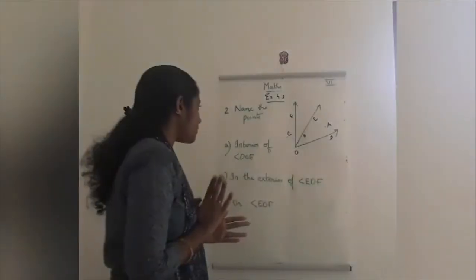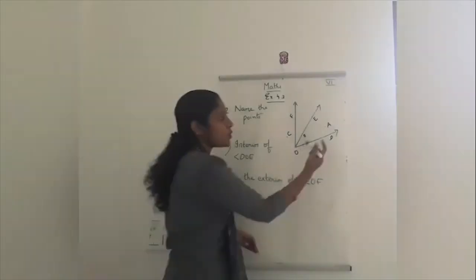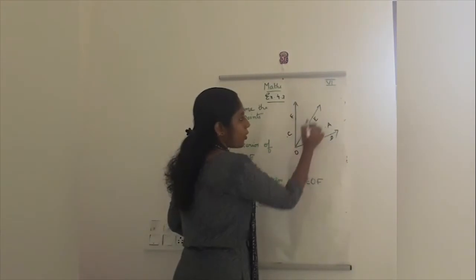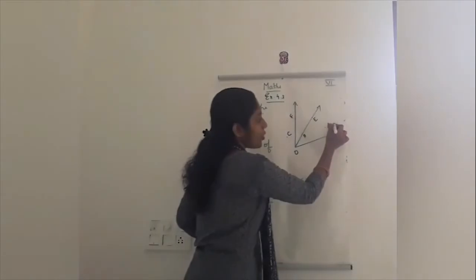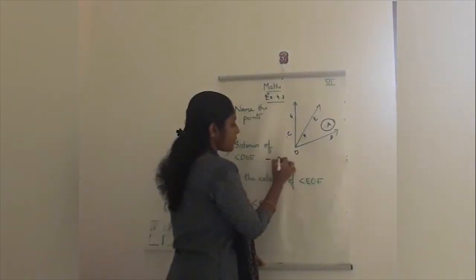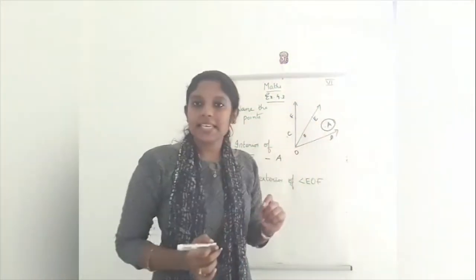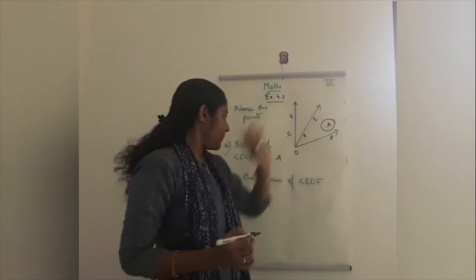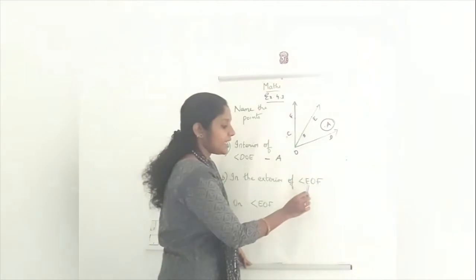Same like that, you have to write the interior of angle DOE. First you have to know this is the angle DOE, and which point lies in the interior. You can see the point which lies in the interior is point A. So the answer is point A. The second question is the exterior of angle EOF.